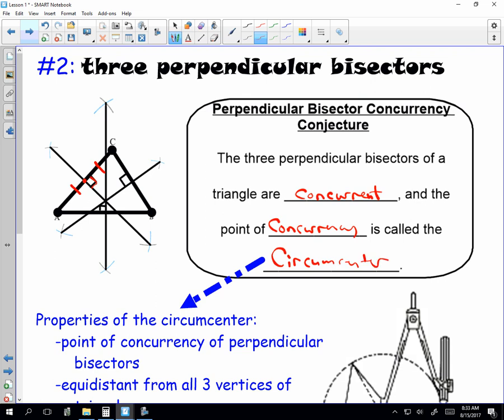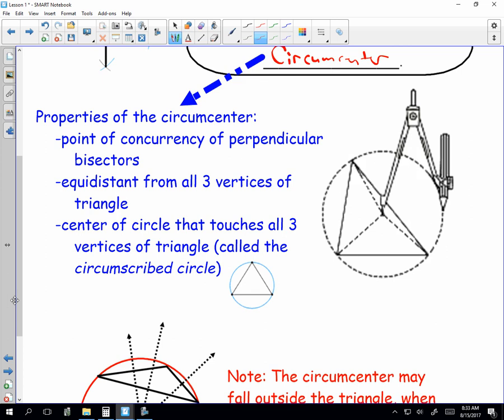So when we're looking at the circumcenter, once again, understanding the properties of the circumcenter. It's the point of concurrency of perpendicular bisectors, so we've looked at that already. It is equidistant from all three vertices. So the three endpoints that make up the triangle, we have the same distance to all of those points.